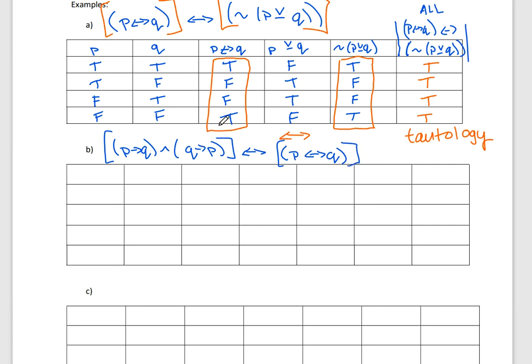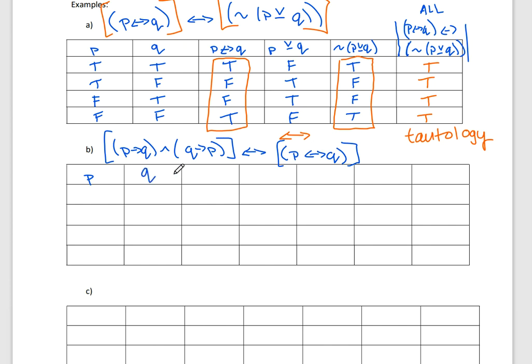That just helps me visually to separate the left and the right hand side of my biconditionals. Okay, so we have P implies Q and Q implies P, so that's one compound statement, biconditional with P implies Q and Q implies P. So that's our biconditional, or we can say if and only if as well.